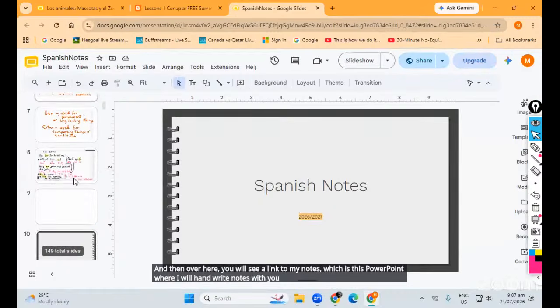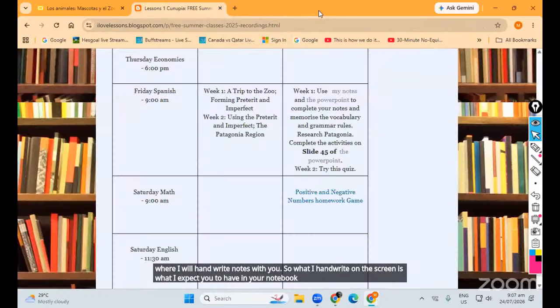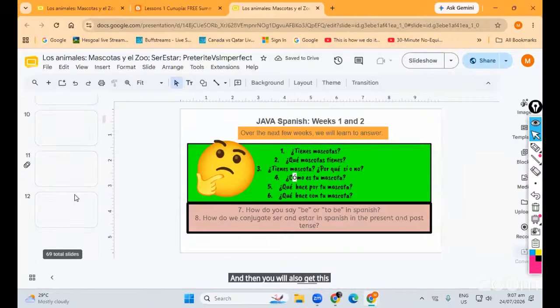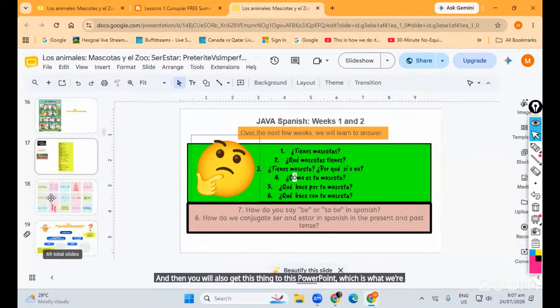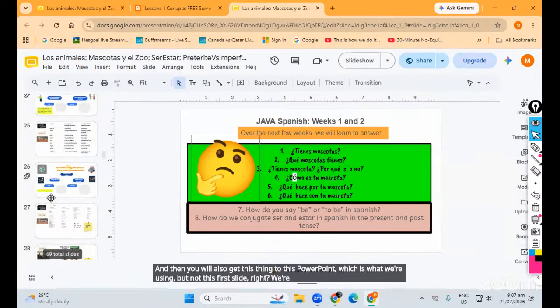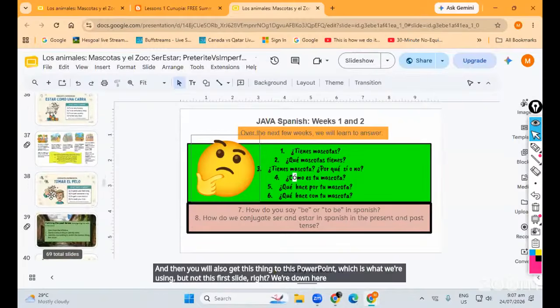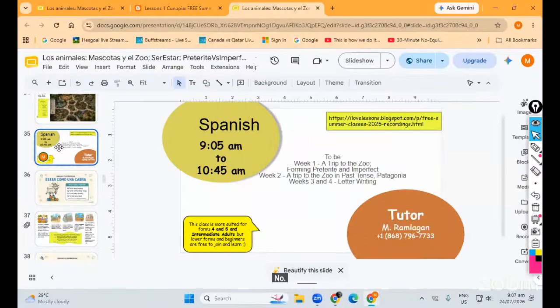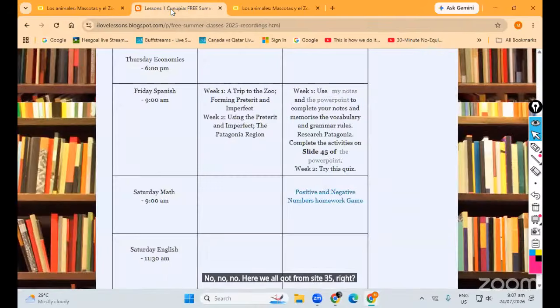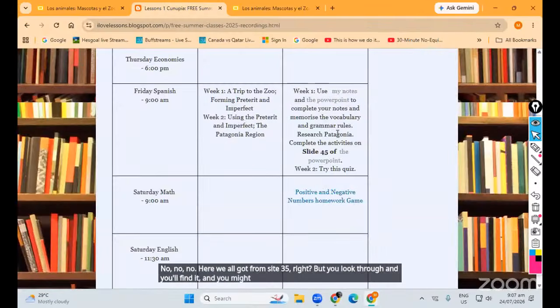So what I handwrite on the screen is what I expect you to have in your notebook, right? And then you will also get this link to this PowerPoint, which is what we're using, but not this first slide, right? We're down here. Our class starts from slide 35, right? But you'll look through and you'll find it, and you might find other fun things, right?